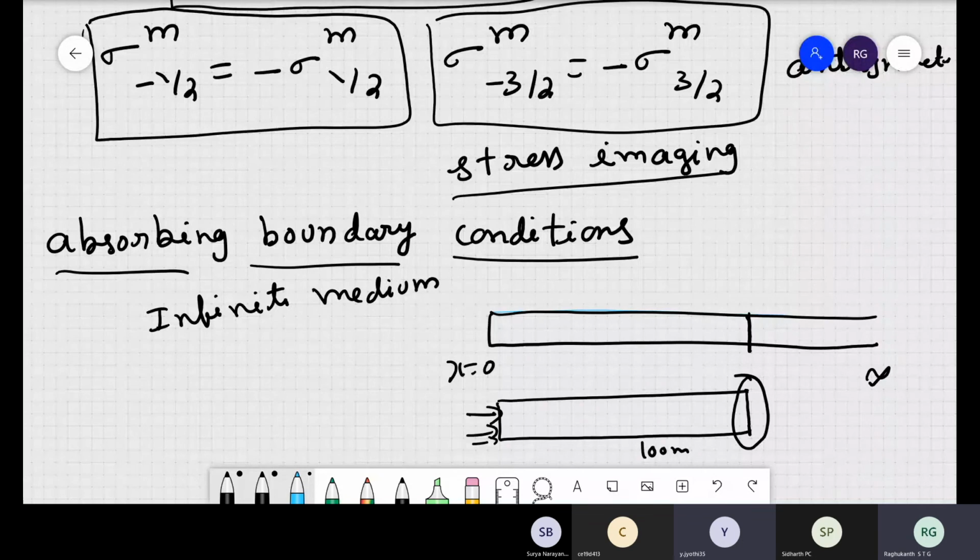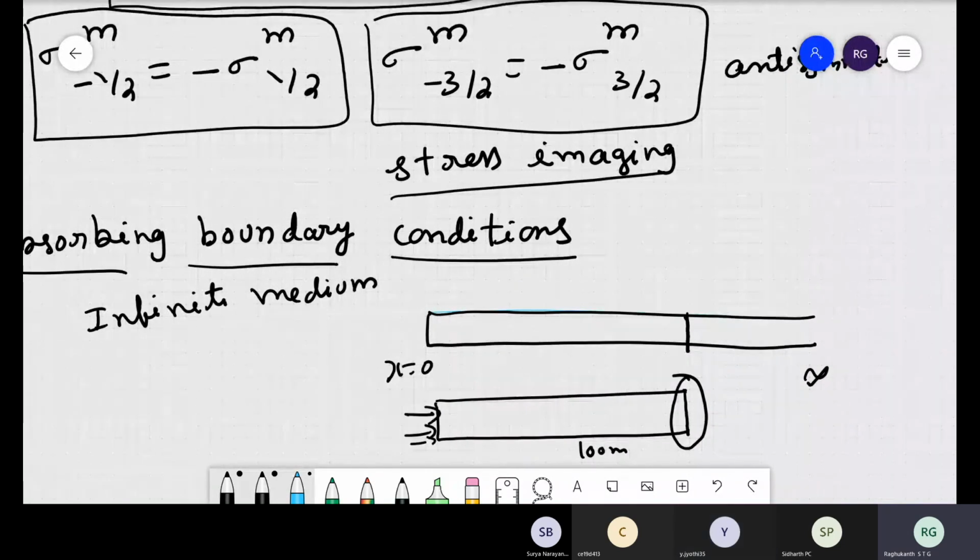It is not free, it has stresses there. What should the boundary condition be here?